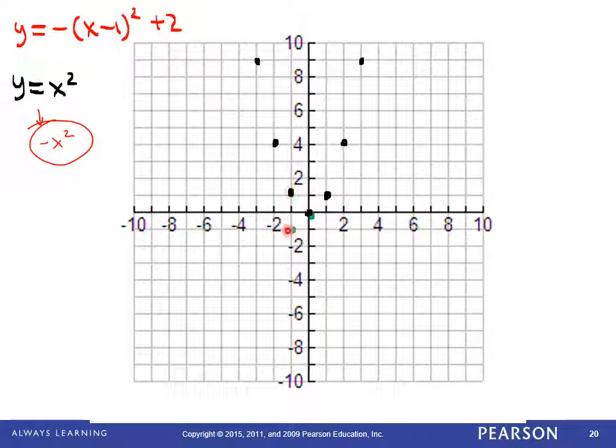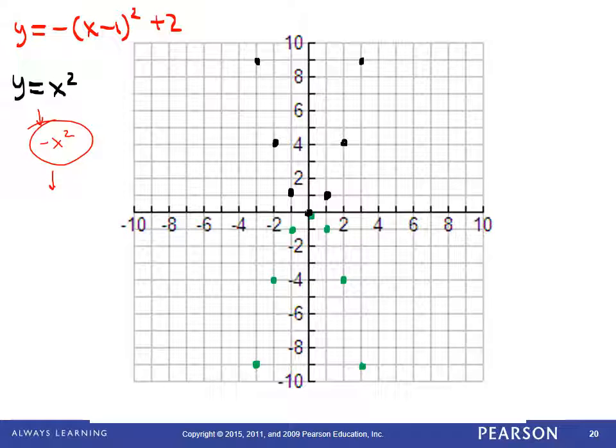And then I start moving things down. So 1, 1 now became 1, negative 1. 2, 4 becomes 2, negative 4. 3, 9 becomes 3, negative 9, and so on and so forth. Notice I'm not connecting them yet. No point in connecting them. Now we can work with those green dots.